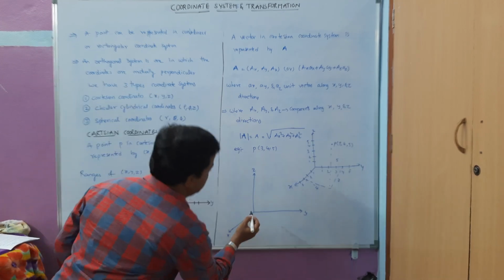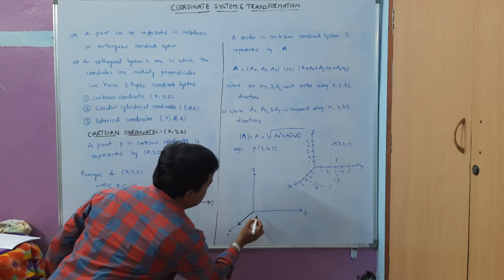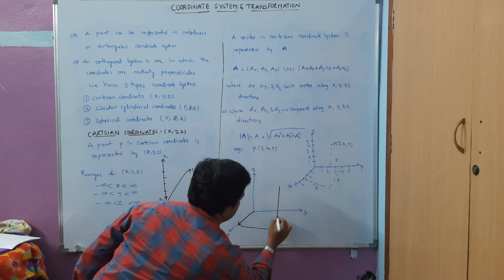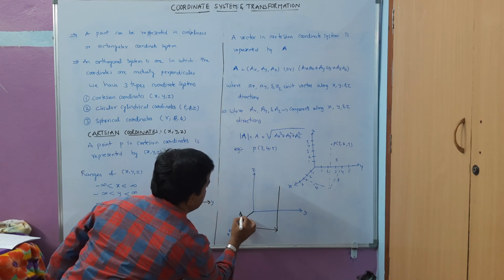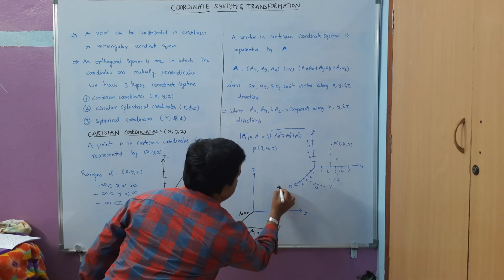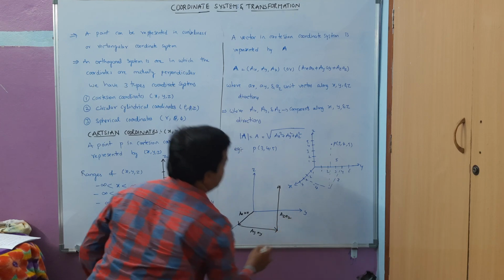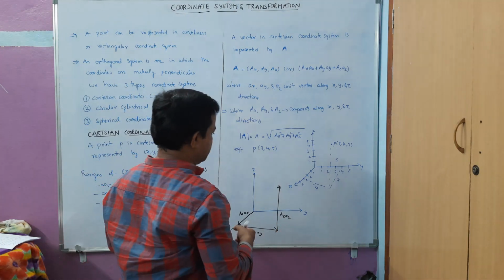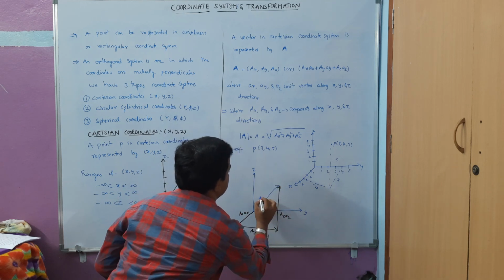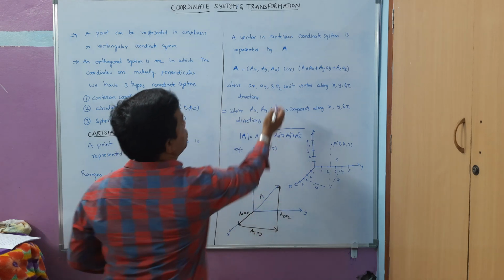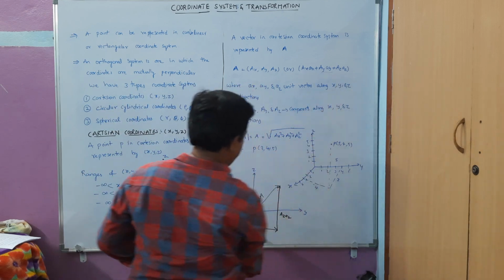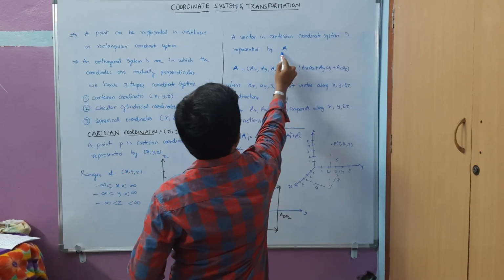This is the Ax component, this is Ay, and this is Az. The resultant vector is A, equal to Ax plus Ay plus Az.